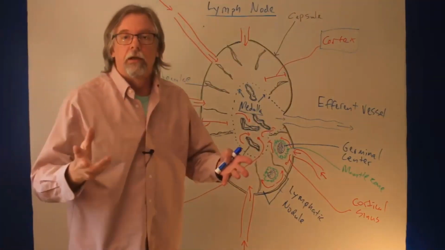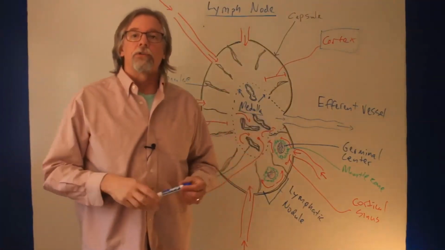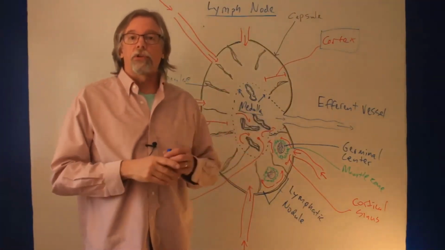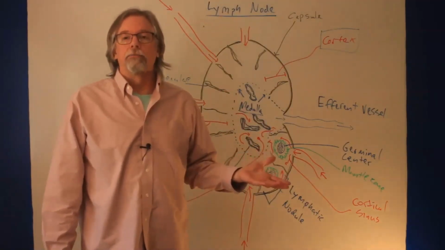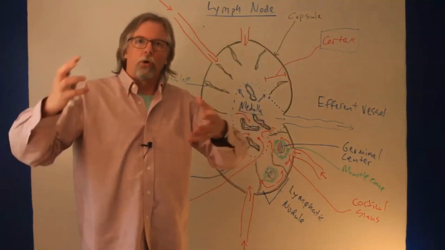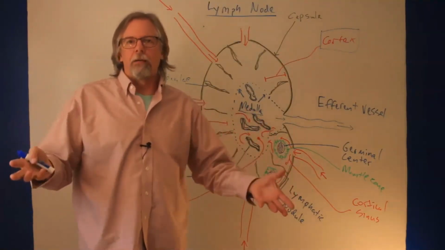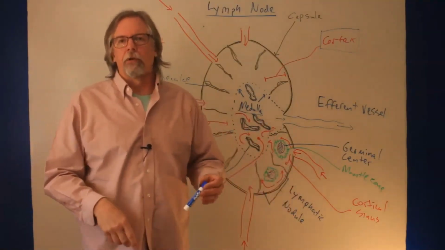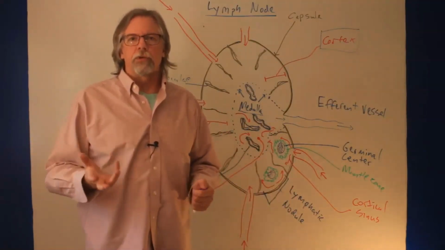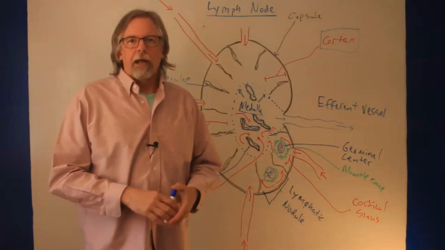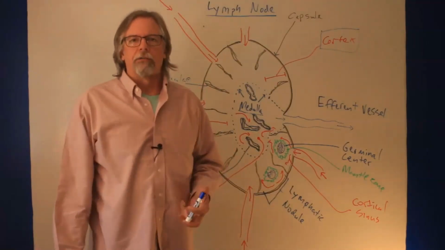That's a good thing. That's going to slow down circulation of lymph. It's going to expose it to immune system cells. The more contorted the pathway, the more time material spends in the lymph node and the more opportunity to be exposed to some kind of immune system cell. All right, well, that's the general anatomy of a lymph node.